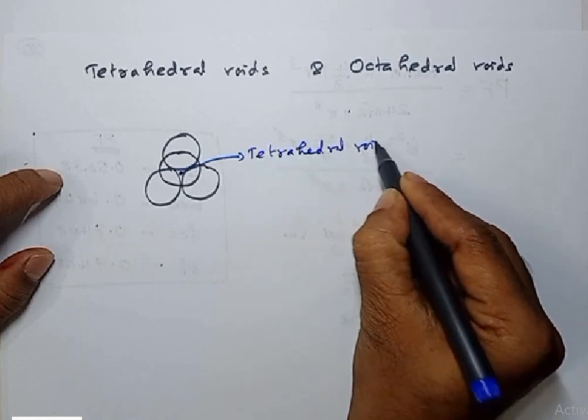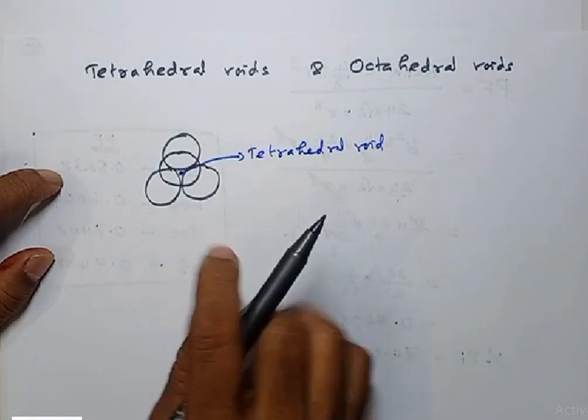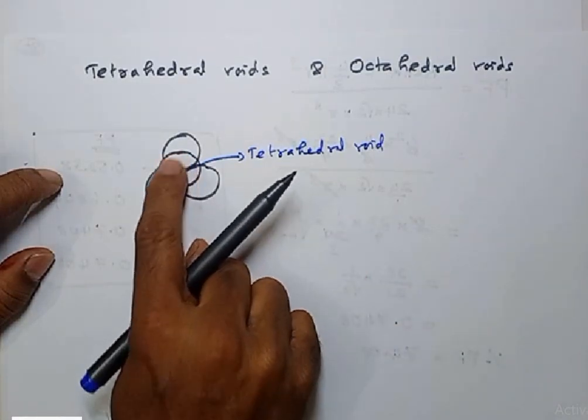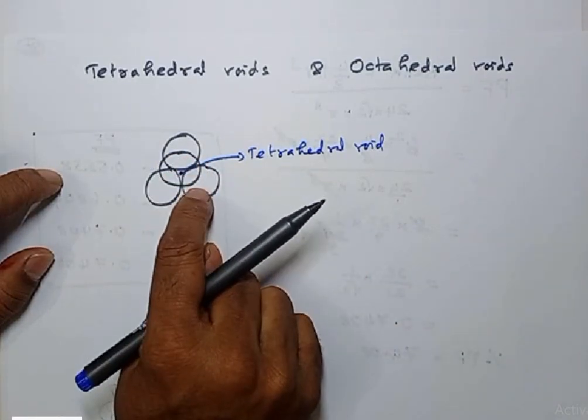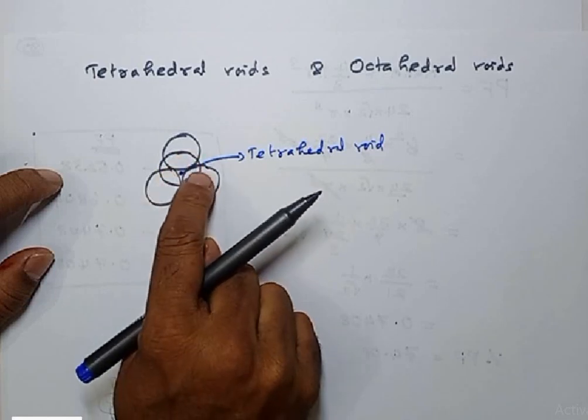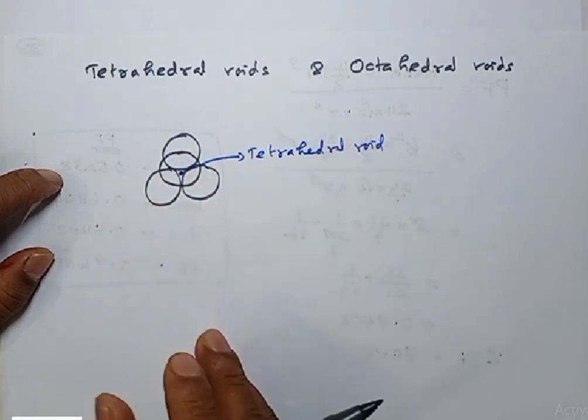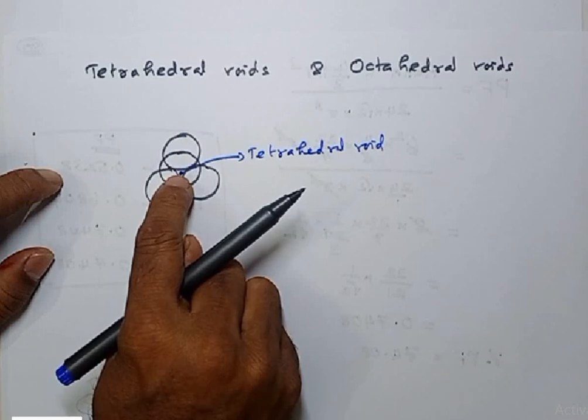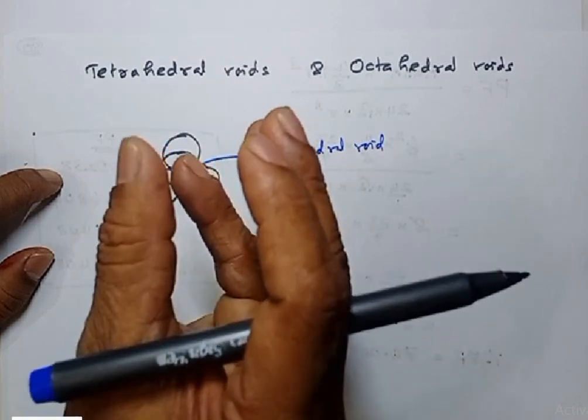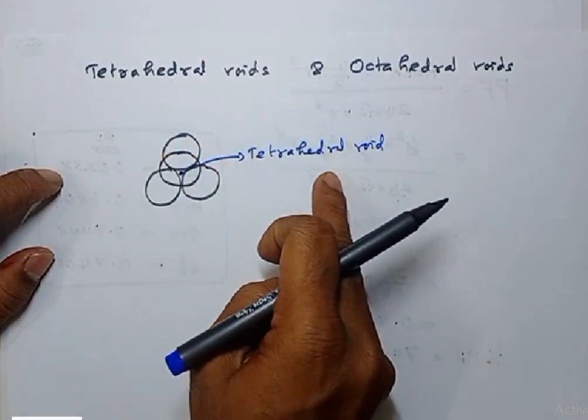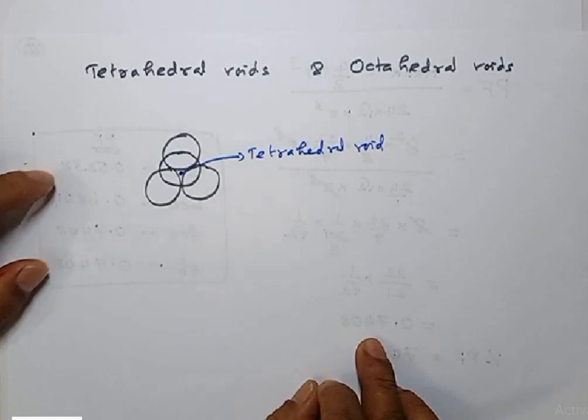That gap is called a tetrahedral void. Why is it a tetrahedral void? Because if you join the centers of all the 4 balls, you will get a tetrahedron. And the gap that is present is actually present in the middle of the tetrahedron, so it is called tetrahedral void. Okay, take note.